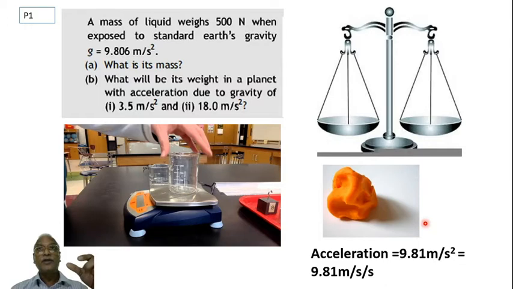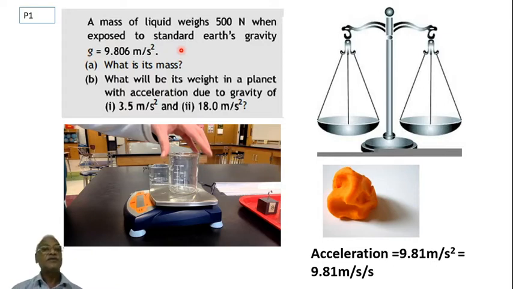If you continue to let it fall, at the end of the next second, it will gain 9.81 more. So to say, 9.81 plus 9.81. Like that, the velocity gets added up every second. That's why we call it acceleration. So acceleration due to gravity is 9.806 or 9.81 meter per second squared.